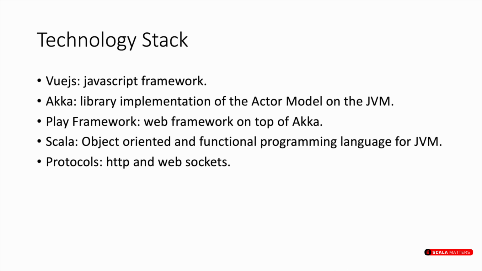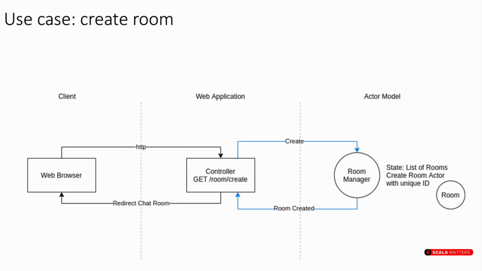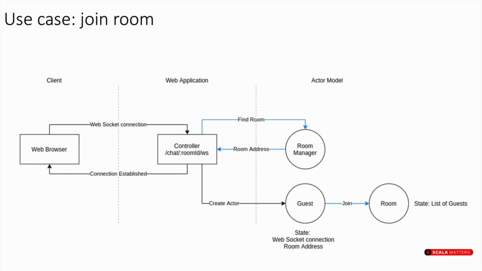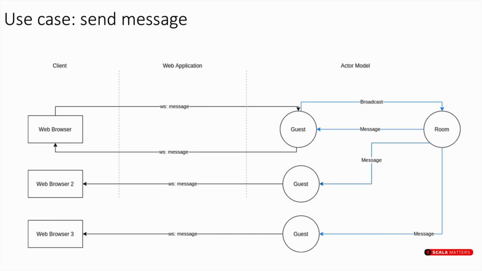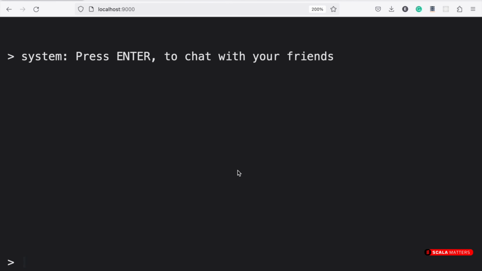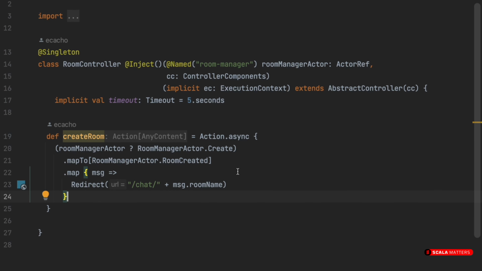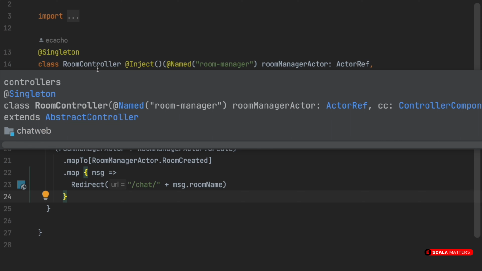Now let's talk about the code, how to implement every use case with all these libraries I mentioned. Let's review the code for the first use case: create a chat room. Here, this is the chat. When you press enter, automatically the browser makes a GET request and goes to this controller, the room controller.